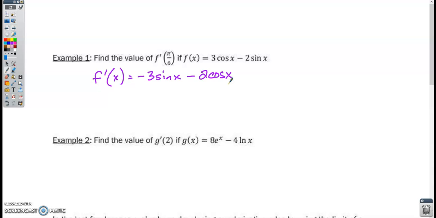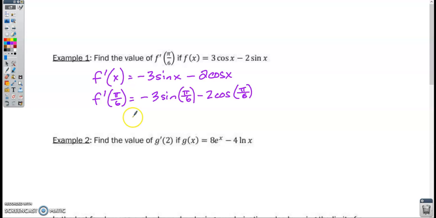And then we're going to go ahead and substitute pi over 6 in place of x. And this becomes negative 3 sine of pi over 6 minus 2 cosine of pi over 6. And man, you remember all those circle charts you did in pre-calc? Oh boy, are those going to come in handy now in calculus, because we're going to frequently be evaluating trig functions at these important locations.